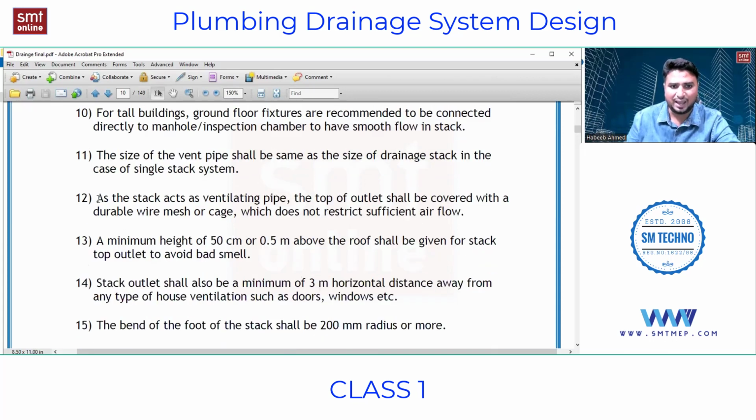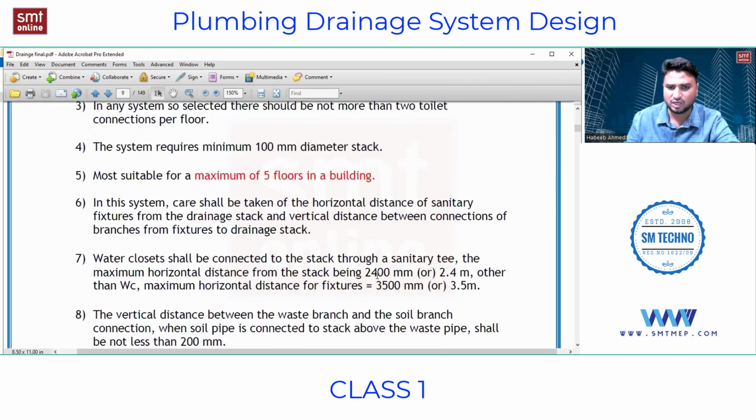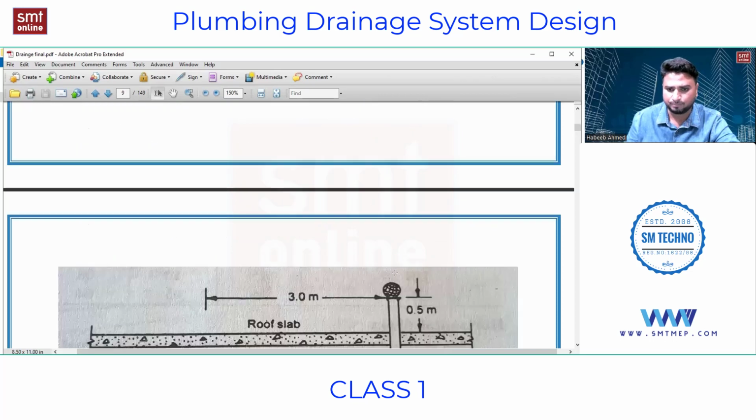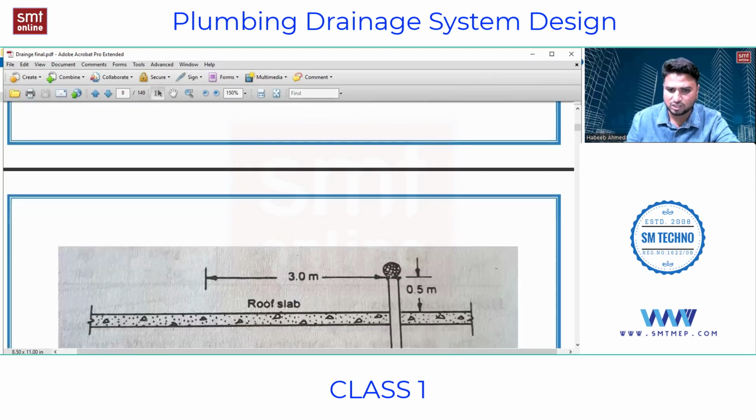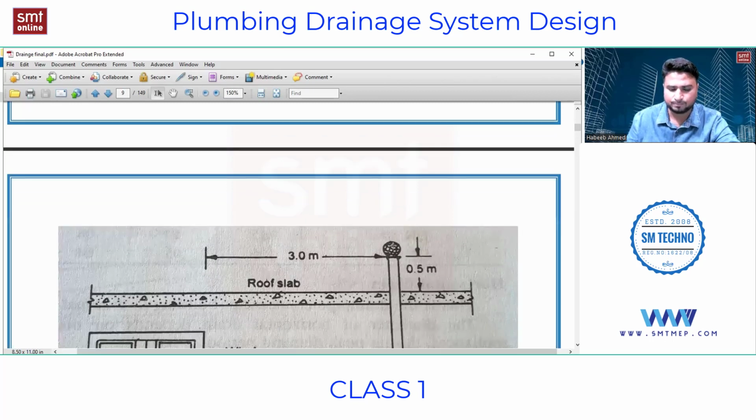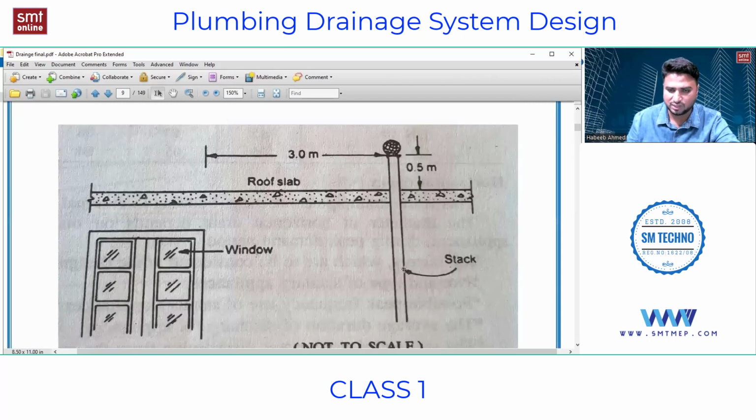As the stack acts as a ventilating pipe, the top of the outlet shall be covered with a durable wire mesh or a cage which does not restrict the sufficient flow of air. That means here, if you see, this is a wire mesh on the vent pipe.